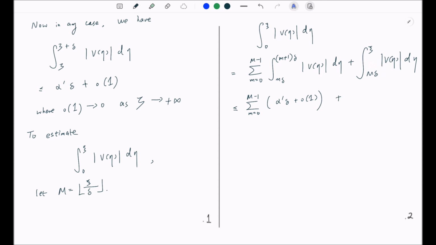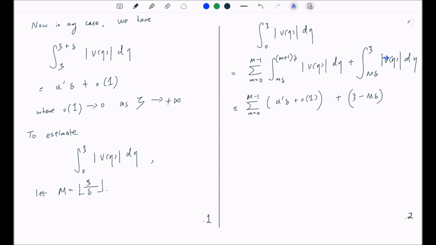And for the second part, we're just going to use the trivial bound for it. The trivial bound is that first, psi minus M times delta is less than or equal to delta. So this guy is always less than or equal to delta.